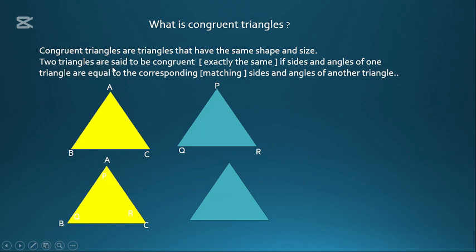Two triangles are said to be congruent, which means exactly the same, if the sides and angles of one triangle are congruent to the sides and the angles of another triangle.